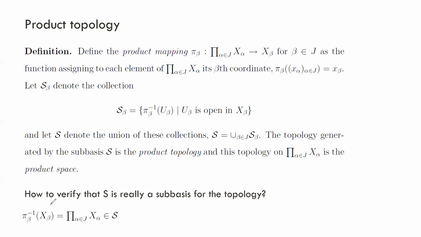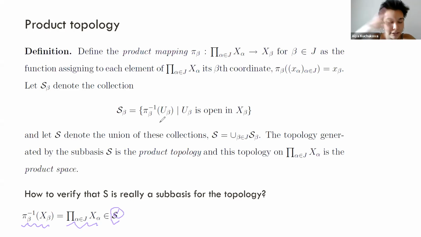Right. And the easier way to do this is to take U_β as X_β. Like X_β itself is an open set in X_β, right? So this projection map is actually this Cartesian product here. So now we have proved that the basis can be written as a subbasis.